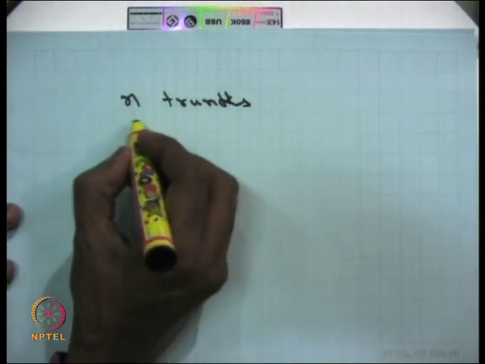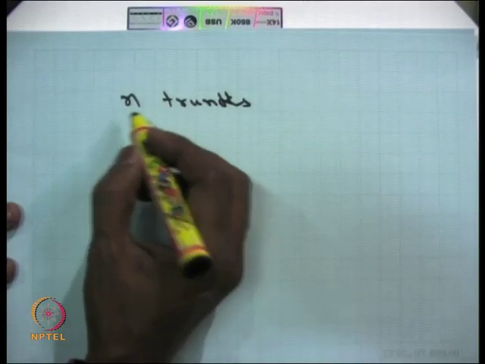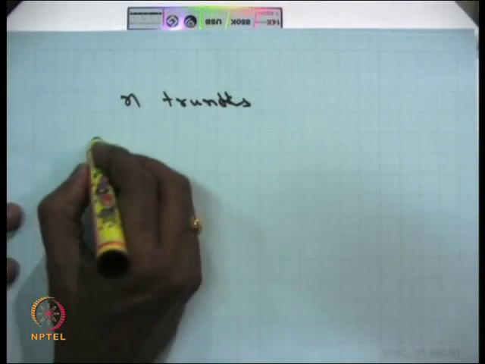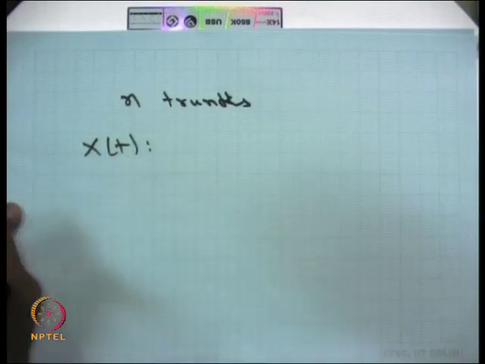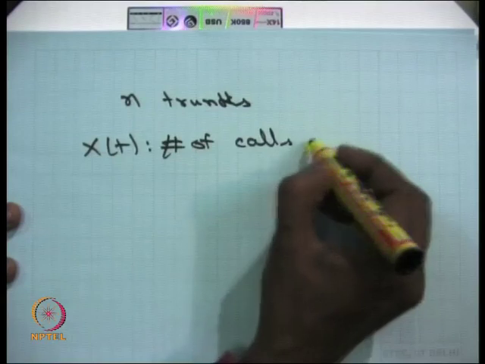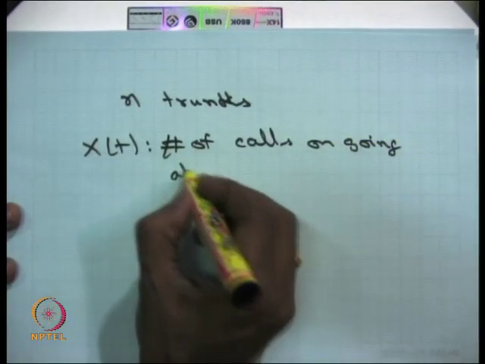So you have a telecommunication system in which n trunks are available. Suppose I make a random variable X_t as the number of calls ongoing at time t.